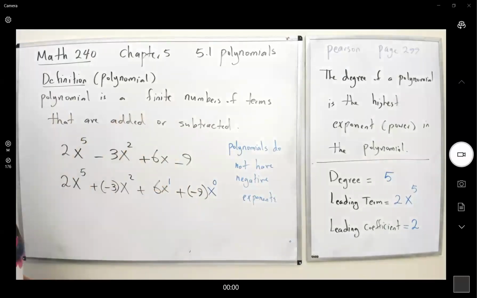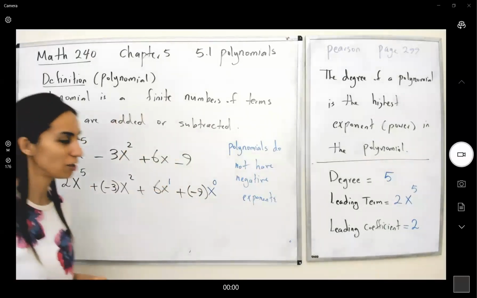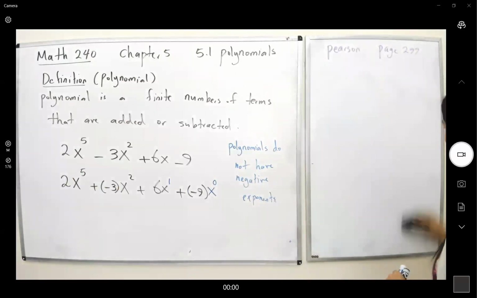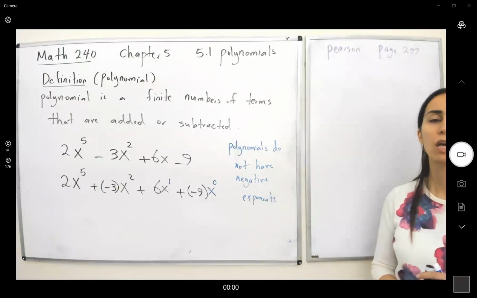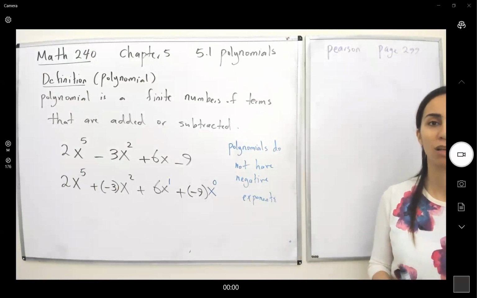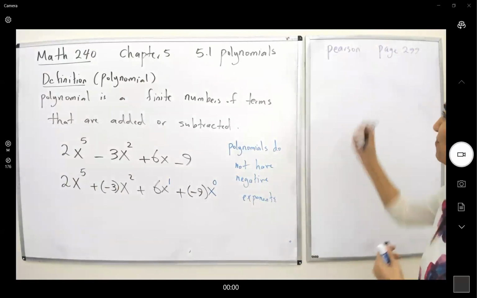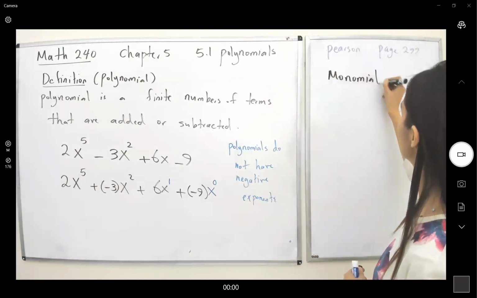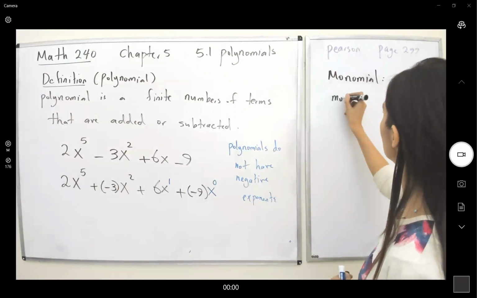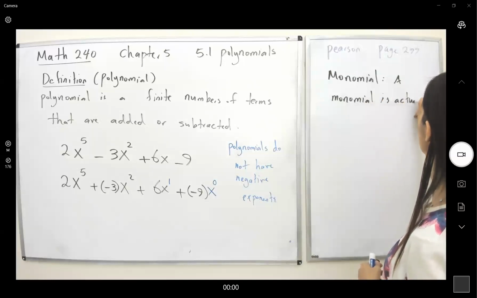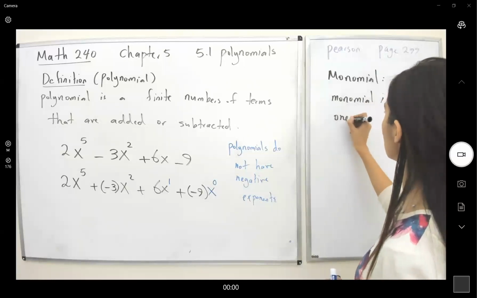We can actually classify different types of polynomials. So if you have a polynomial with only one term, we call it a monomial. Mono means 1. What is a monomial? A monomial is actually one term.